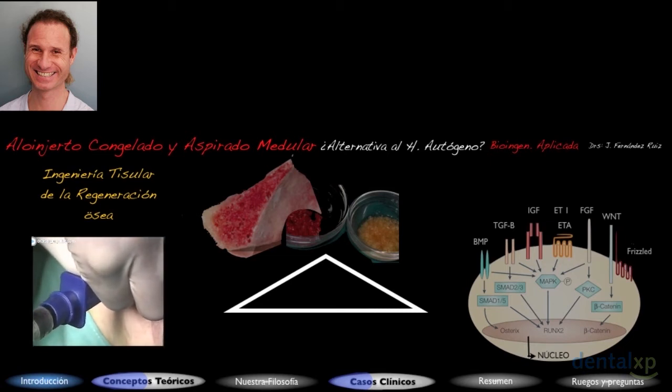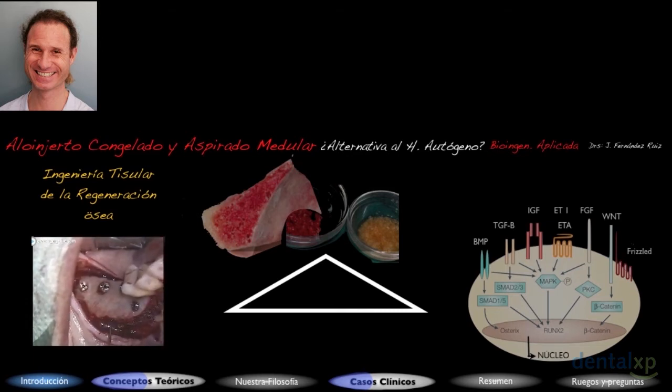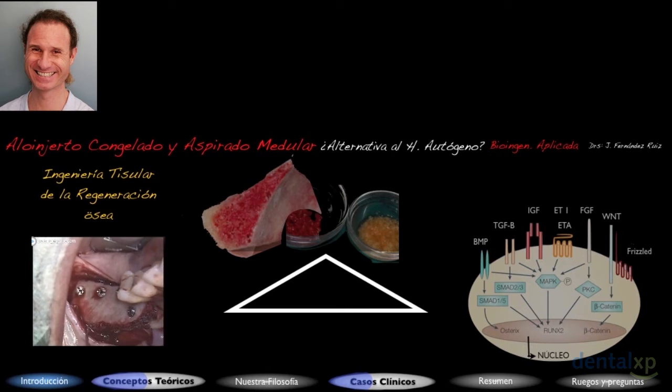Now, we can also add to these bone grafts some medullary bone liquid with blood obtained from the iliac crest, and we will have this mineral and cellular component added to the bone graft, which will mediate the healing capacity and allow us to have a regeneration with stronger components.